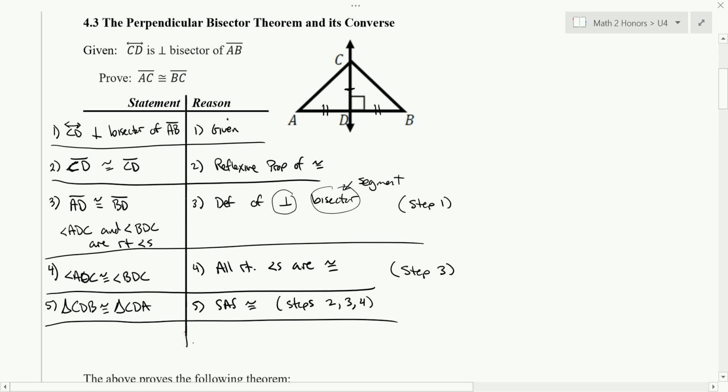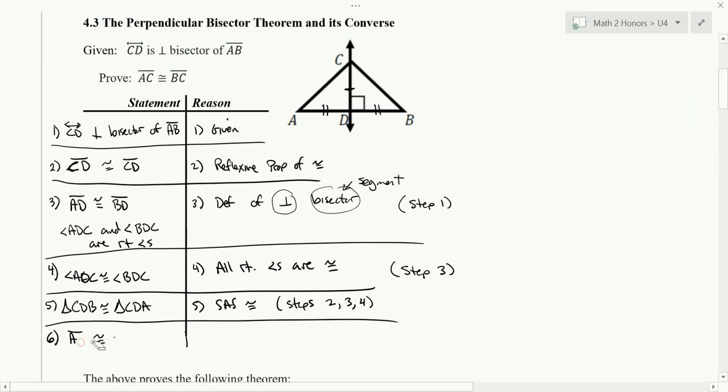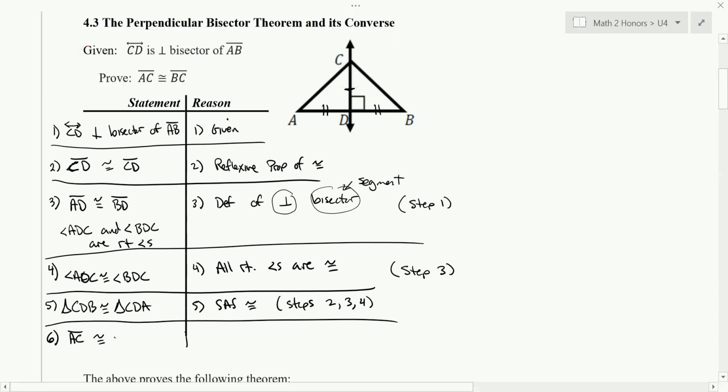What else do we need? You guys already answered. Looking for somebody that hasn't talked yet. Yeah, Donovan? Sorry, I wrote it wrong. You said AC? All right. So there we have it.